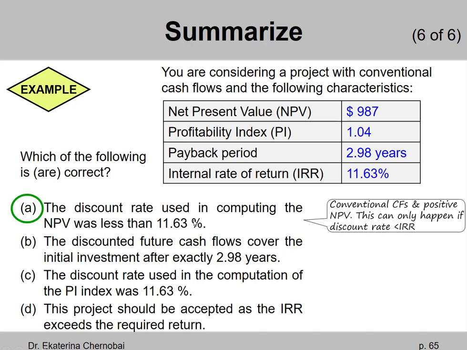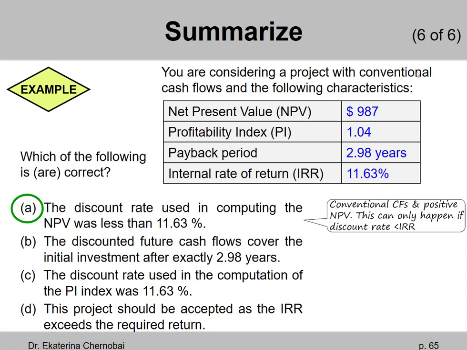Is this correct? It is correct because 11.63% in our problem was the IRR. We also know that we are dealing with conventional cash flows. So it's a typical investment type project.